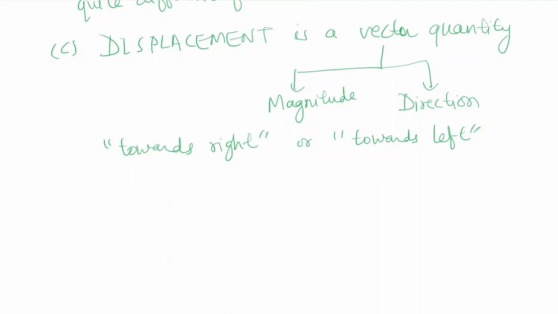So it is a vector quantity, and as a matter of fact, distance is a scalar quantity. What do we mean by scalar? It only has magnitude.